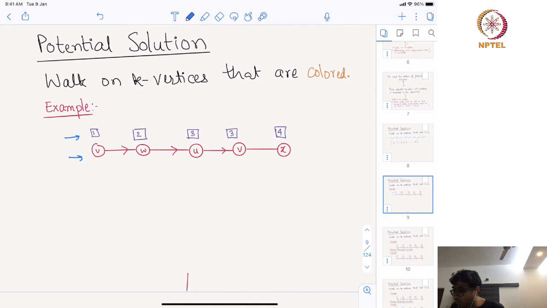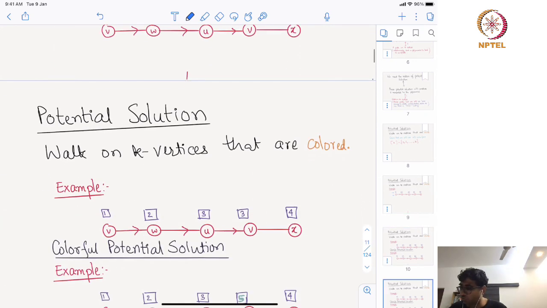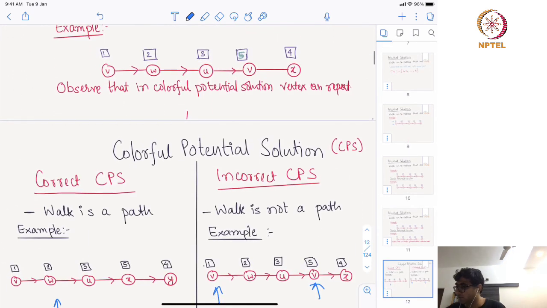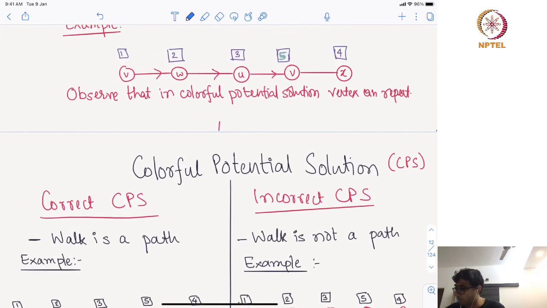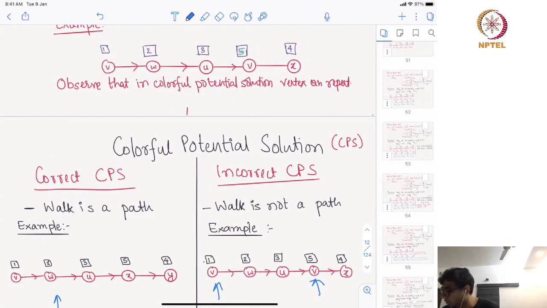Look here, vertices are also repeated and colors are also repeated. We had refined that to talk about colorful potential solutions and then good and bad. Now we have gone back to just talking about potential solutions, which are nothing but walks where vertices are colored.